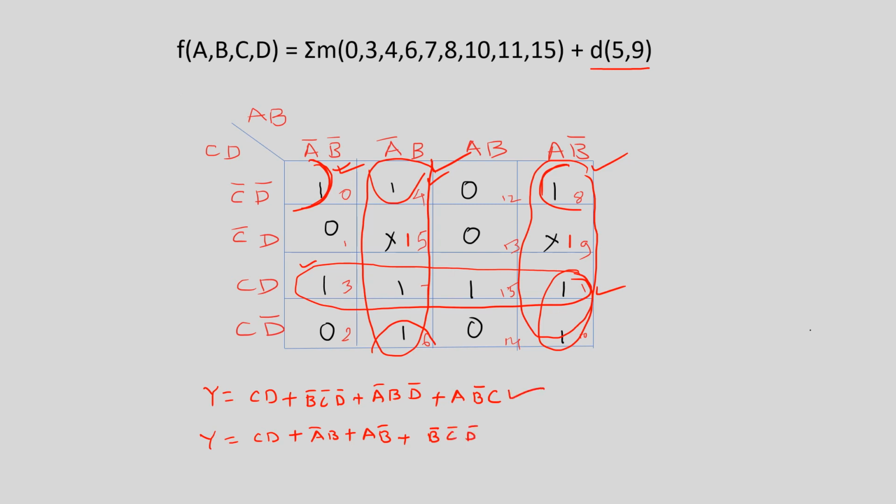If you see these two equations, this is without don't care and this is with don't care. So you are finding a more reduced answer with don't care. So we are using both the don't care conditions. In a nutshell, if don't care conditions are there in the example, and if they are useful in reducing your equation, then use them.